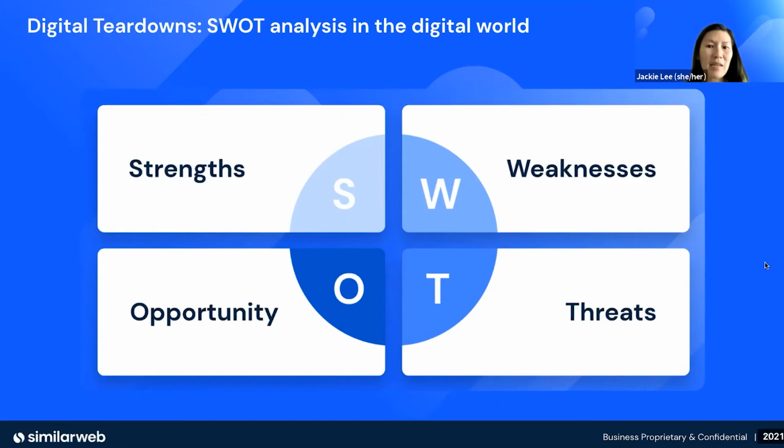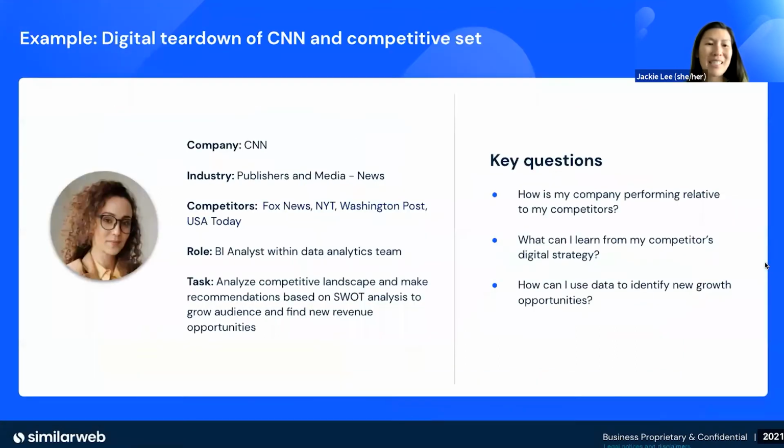Diving right in, can we go to the next slide, please? So what I'm going to take everyone through today is actually a real life example. We are going to be doing a digital teardown using CNN as our company. Hopefully it's something that folks here are familiar with, but it's a major media publisher in the news vertical based in the US, but it has a global reach.